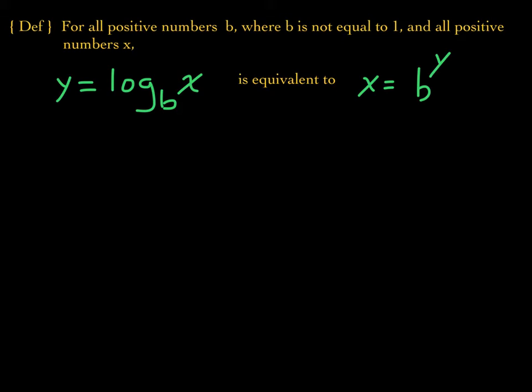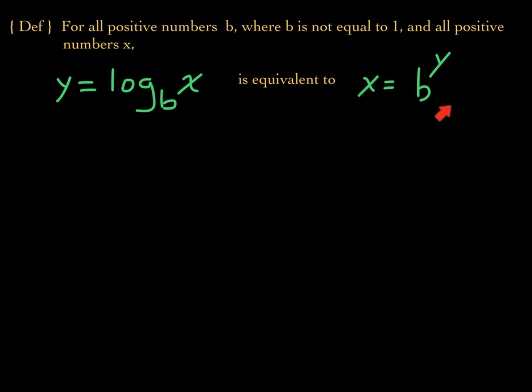Now here's the formal definition for a logarithm. For all positive numbers b, where b is not equal to 1, and all positive numbers x, let's stop right there just for a second before I continue reading. B here represents the base of your logarithm. And they just said that the base of your logarithm has to be a positive number. Why? Well, it comes from the exponential function.